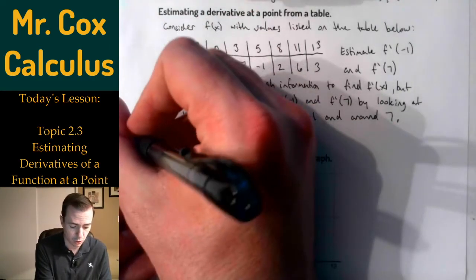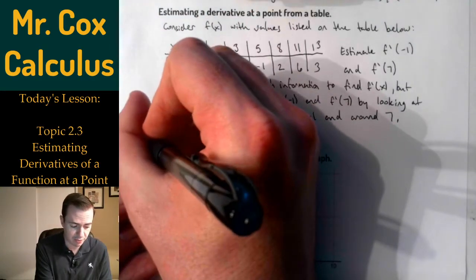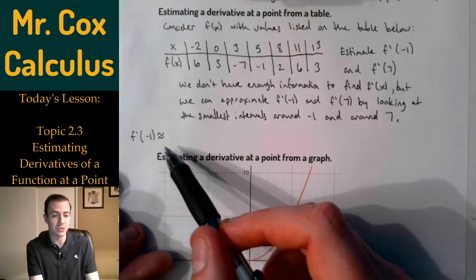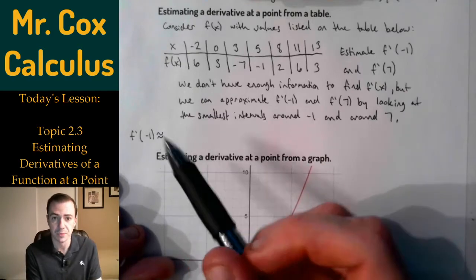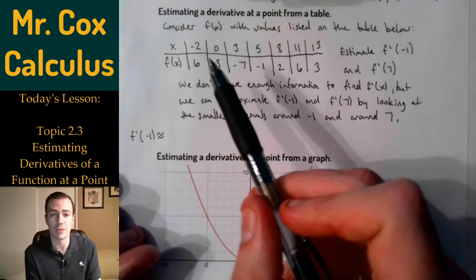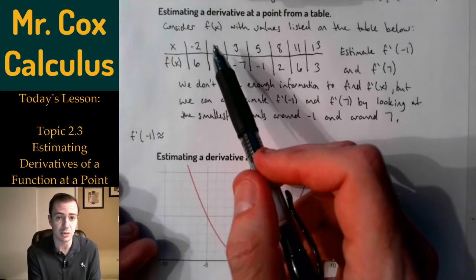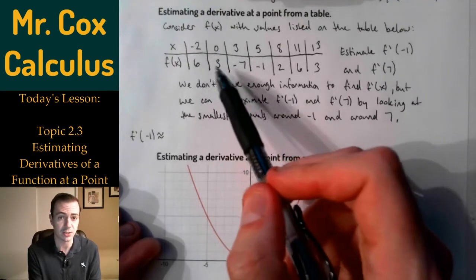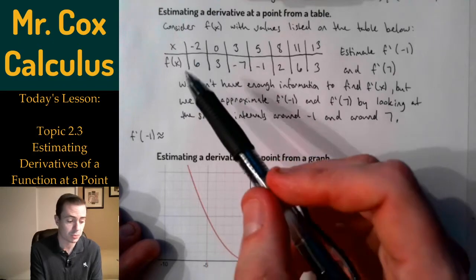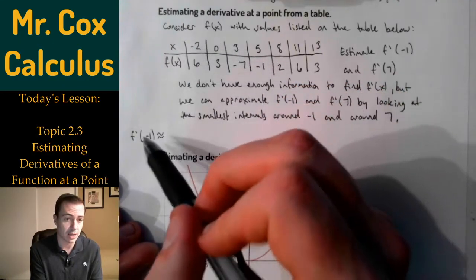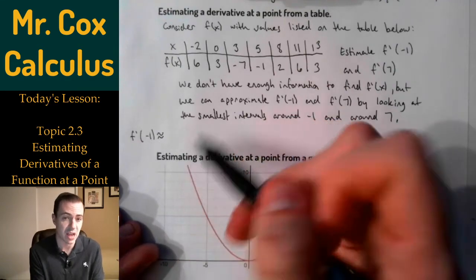So if I want to look at f prime of -1, and because we're estimating, I'm going to use the approximately equal to sign. If I look for -1 on the table here, the smallest interval is between -2 and 0, so this is the smallest interval that I can use. So let's find the average rate of change over this interval and call it our estimate for f prime of -1.